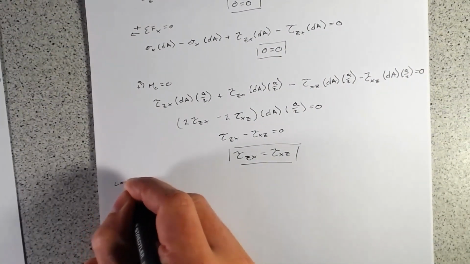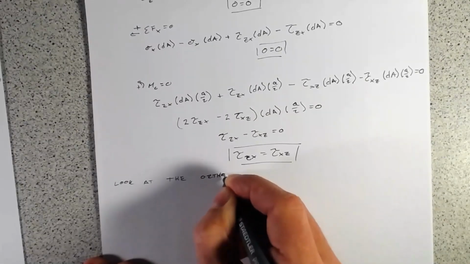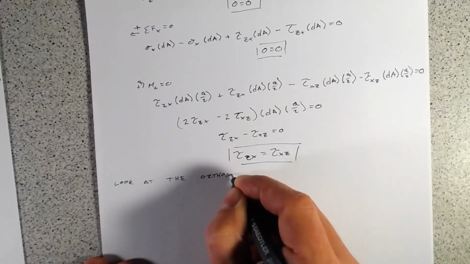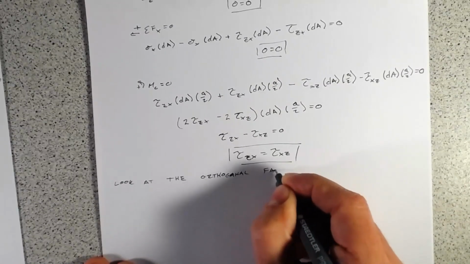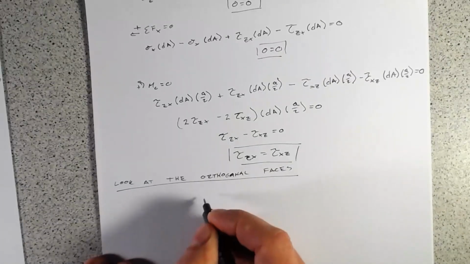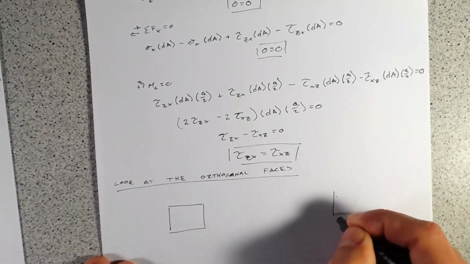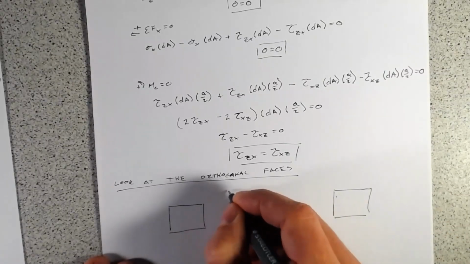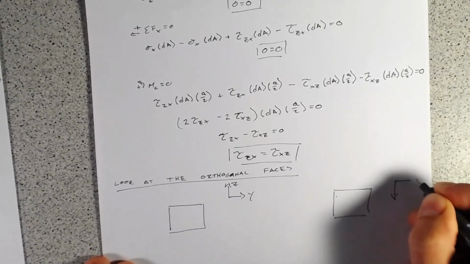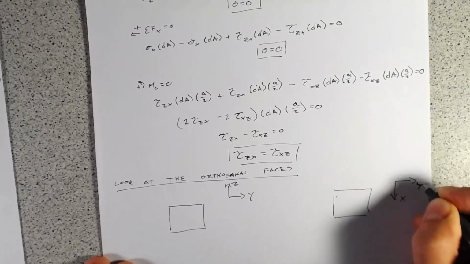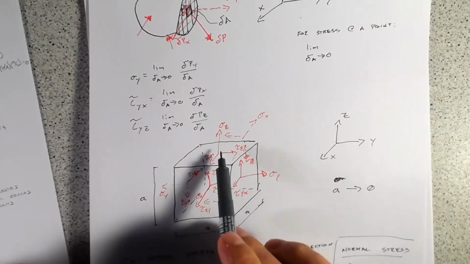So look at the orthogonal faces, and this will be Z and Y, and X and Y. Again, all we're doing is just pulling them off of it.